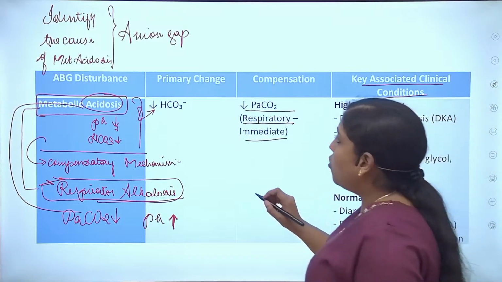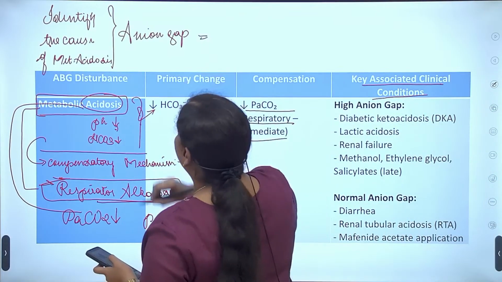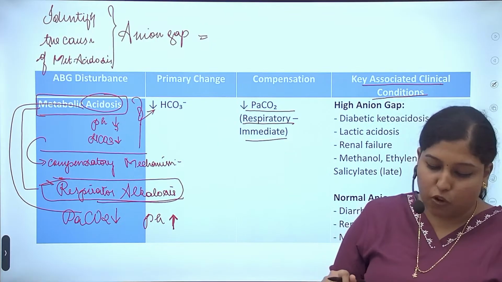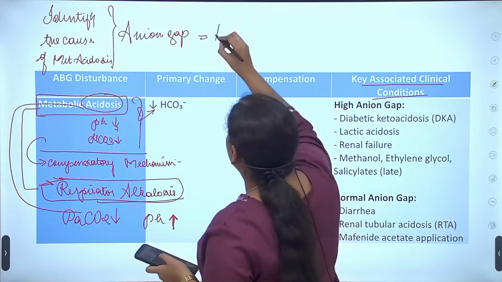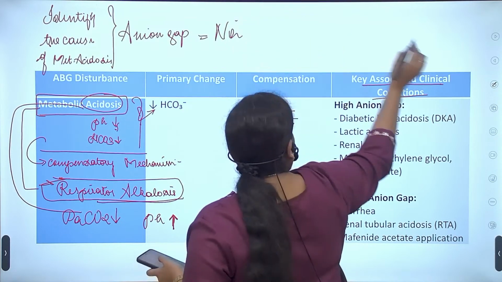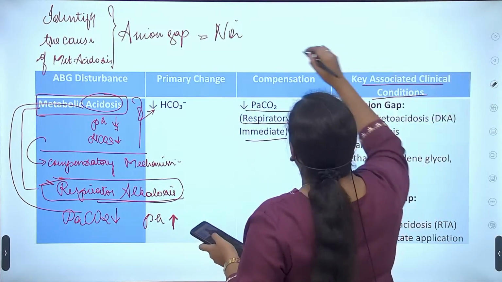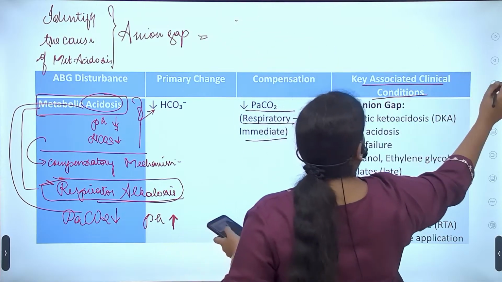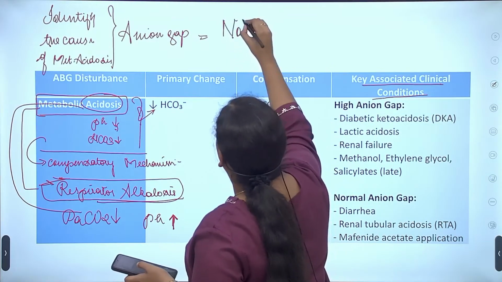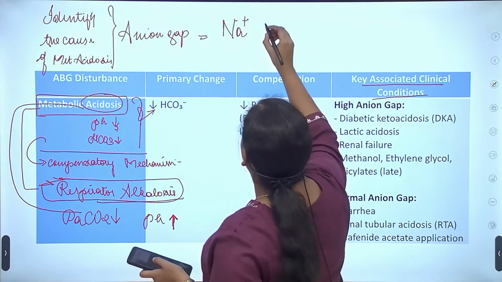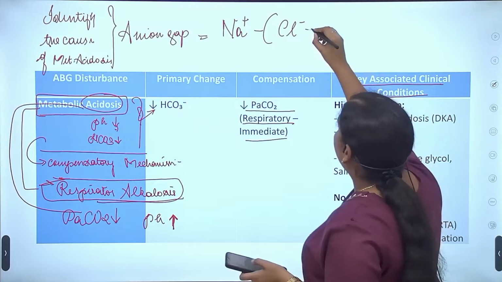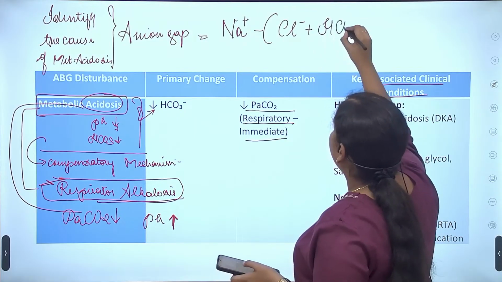Right. Now tell me, what is the formula for your anion gap? That is your sodium, which is a cation, minus your chloride plus your HCO3, right?